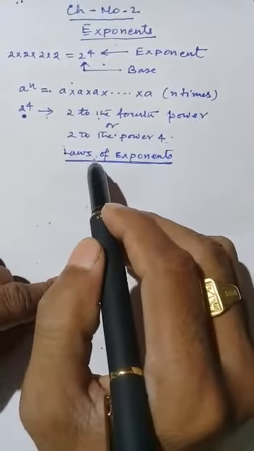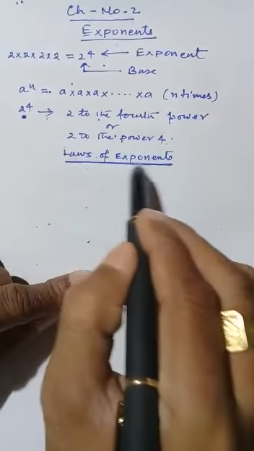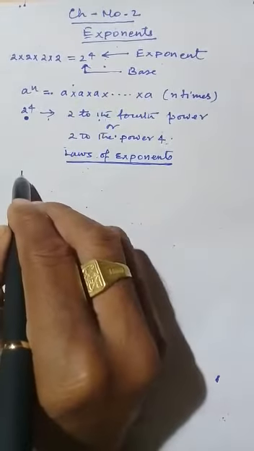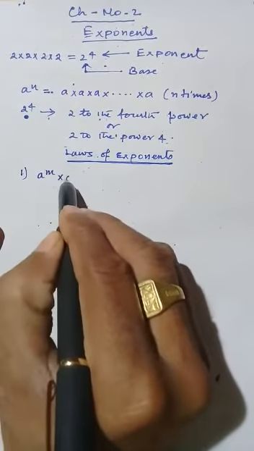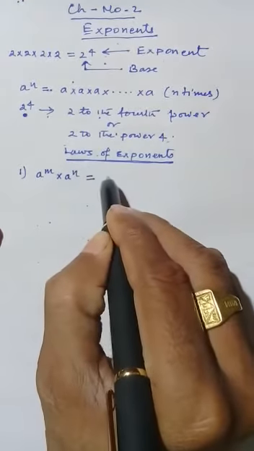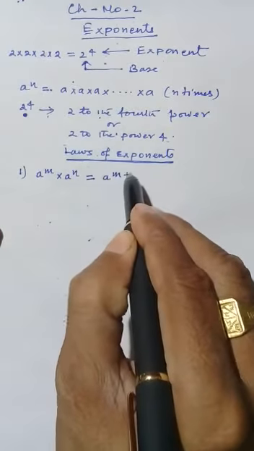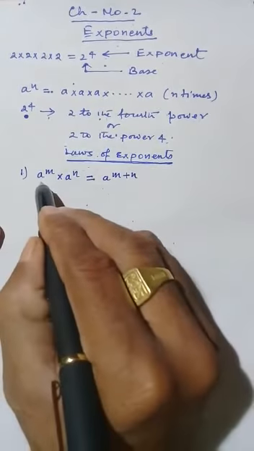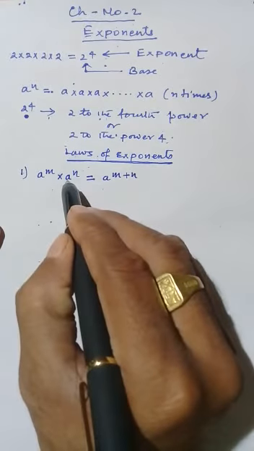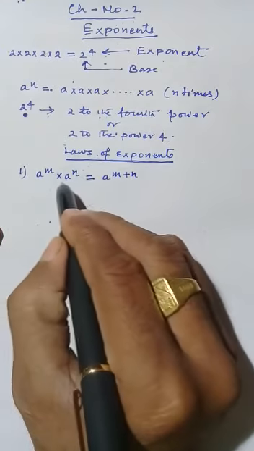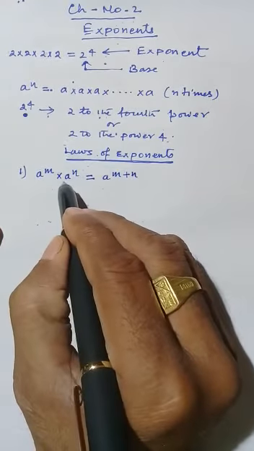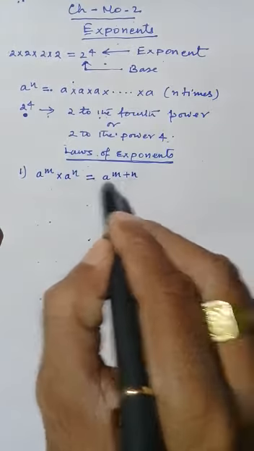Now I am going to explain the various laws of exponents. The first law: a to the power m into a to the power n is equal to a to the power m plus n. See, if bases are the same and exponents are different and are in multiplication form, their powers are added.